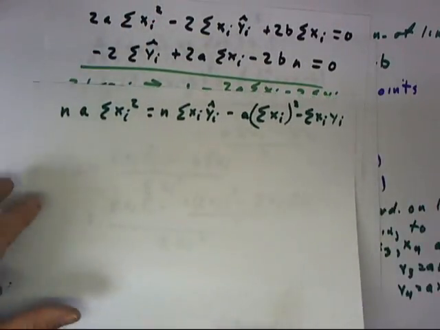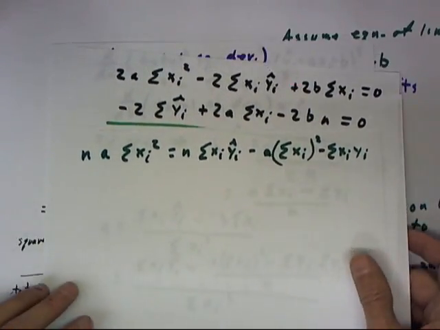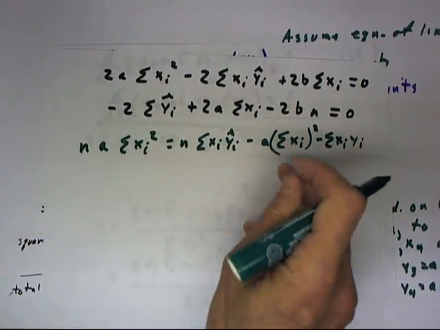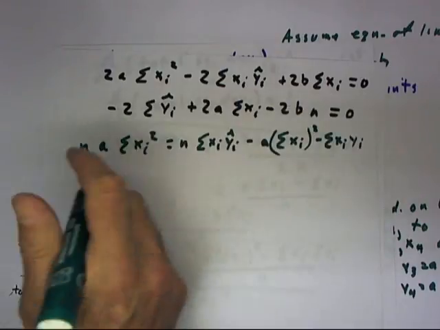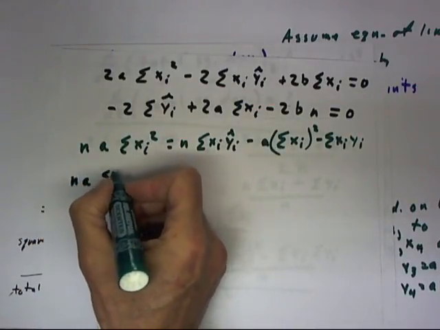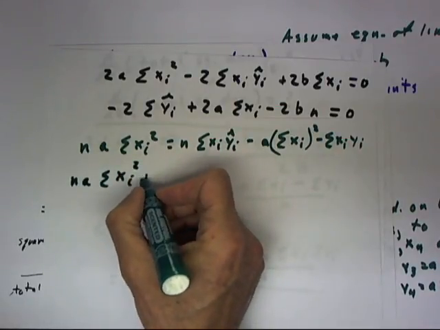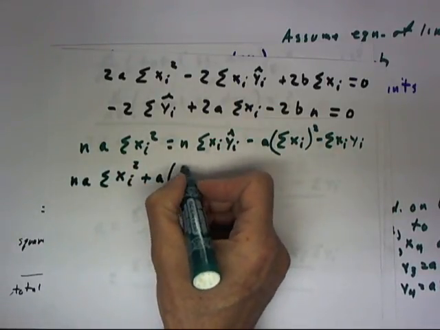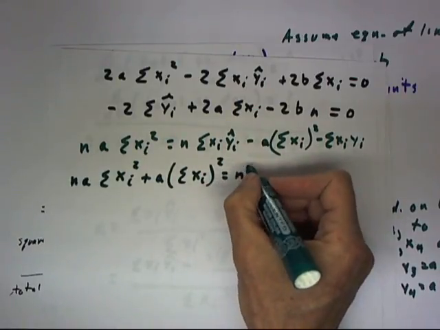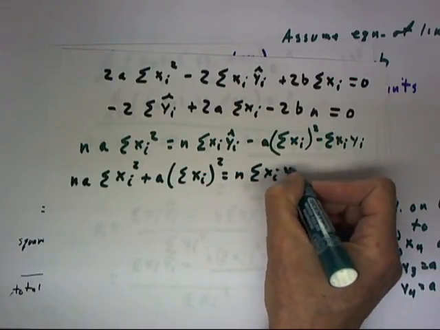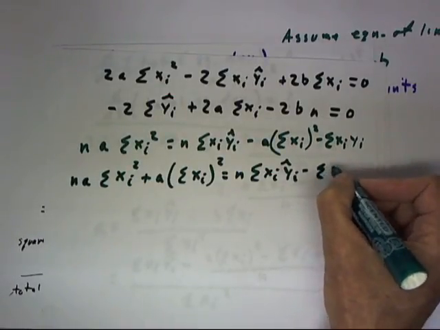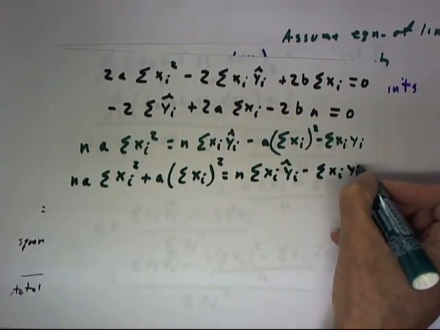And that equation can be rewritten and solved for a just by adding this term to both sides. We get na times the sum of xi squared plus a times the sum of xi quantity squared equals n times the sum of xi yi hat minus the sum of xi times the sum of yi.